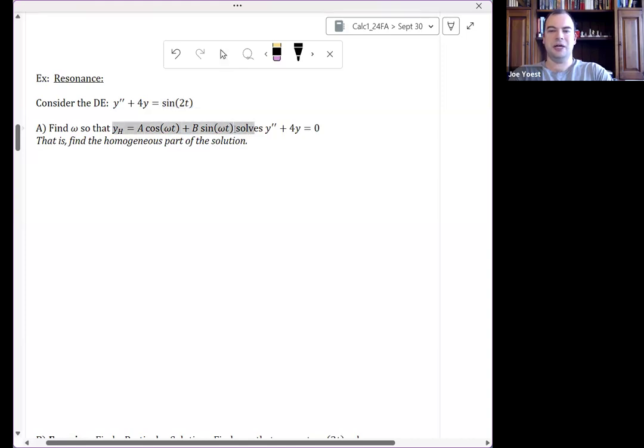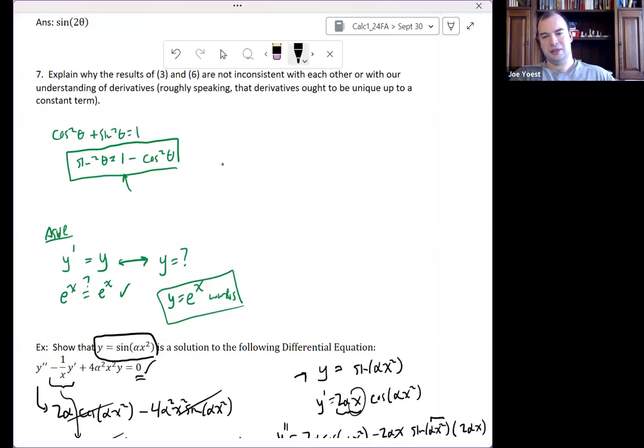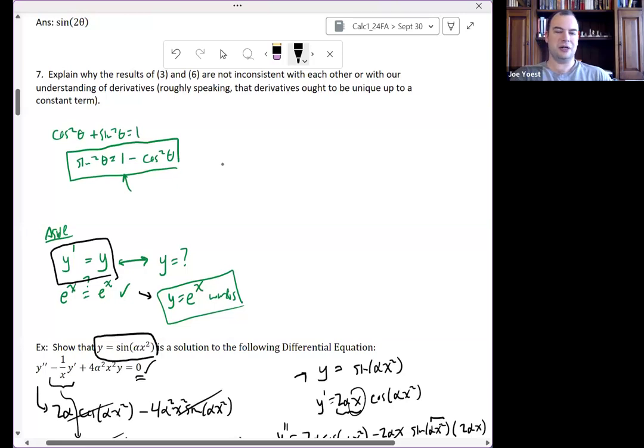So we're looking to find omega so that this linear combination of sines and cosines solves y double prime plus 4y equals 0. Why would we think that such functions might solve this? Well, I was able to guess up here that y equals e to the x because I'm looking for a function whose first derivative looks like itself.